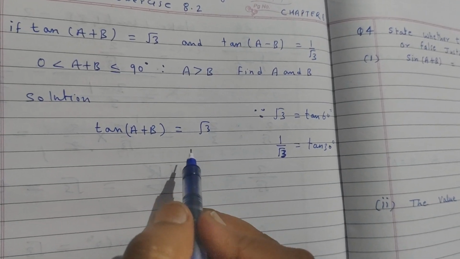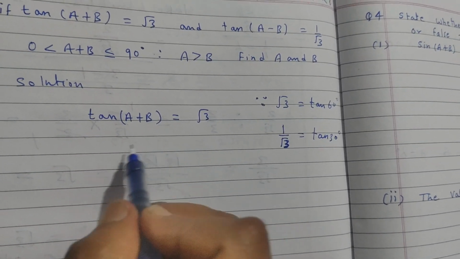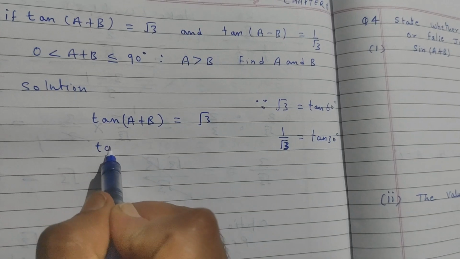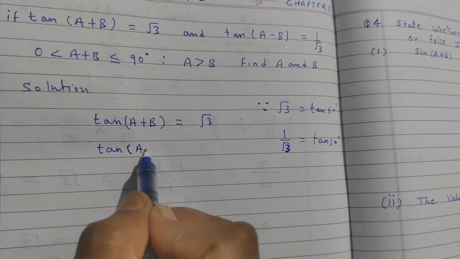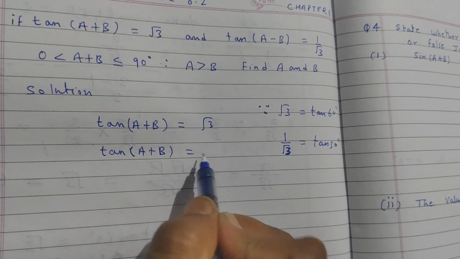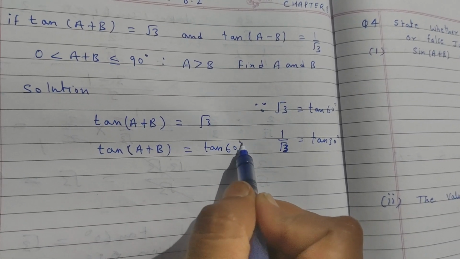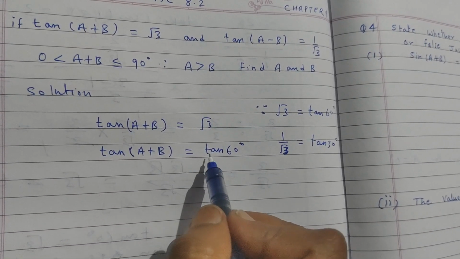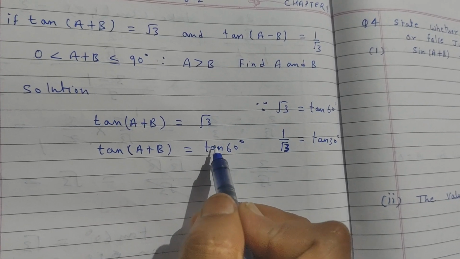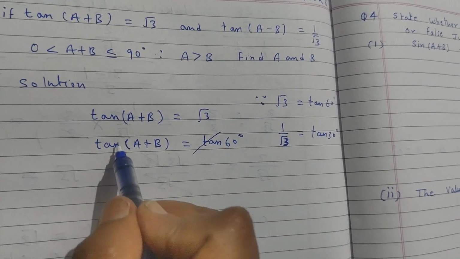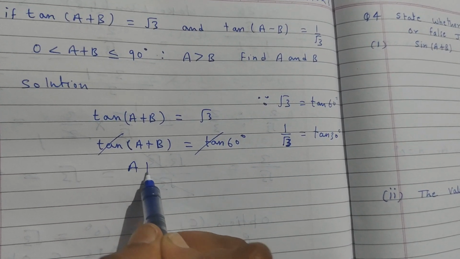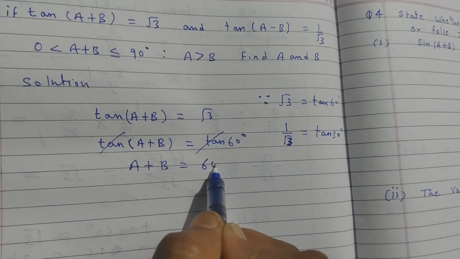So root 3 value is tan 60, tan(A+B) is equal to tan 60. So here tan goes, A+B is equal to 60 degrees.